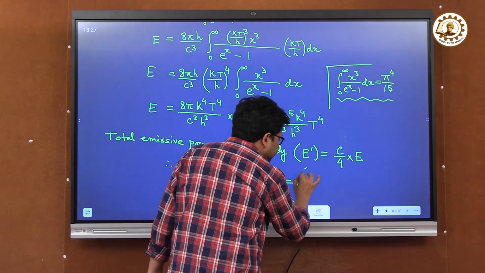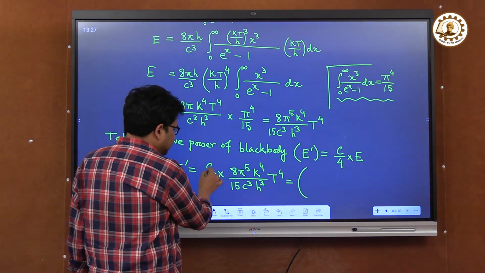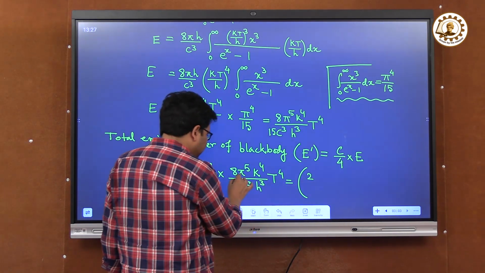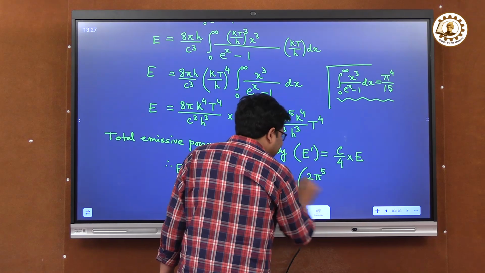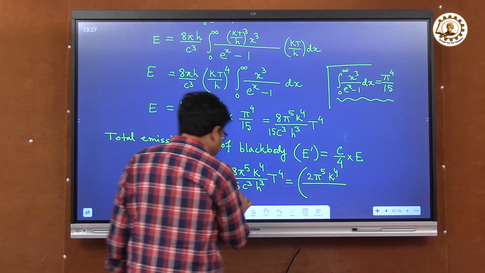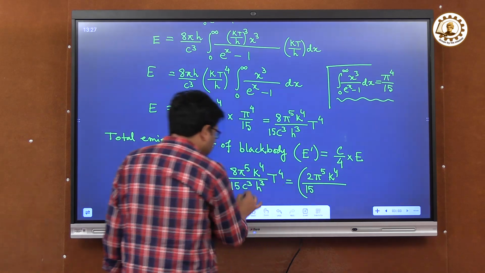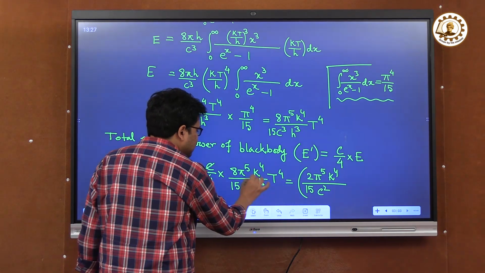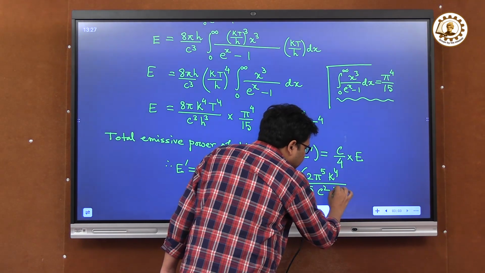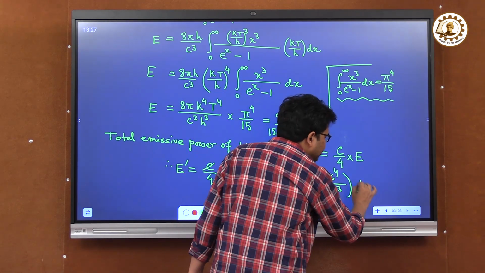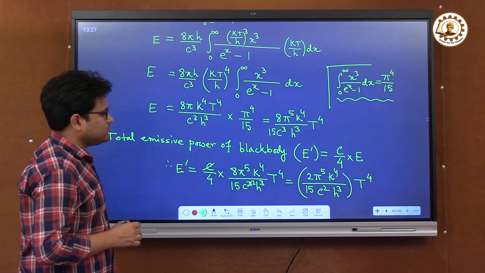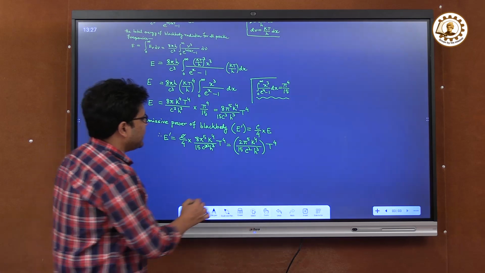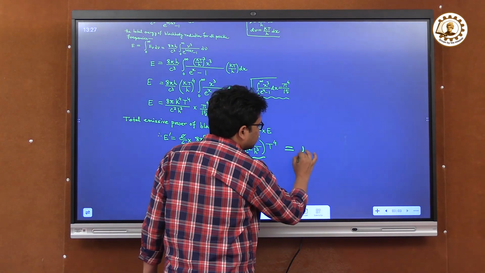That results in this: c cancels out, 4 and 8 cancel out, so it becomes 2 pi to the power 5 k to the power 4 divided by 15 c squared h cube into T to the power 4, because one c cancels out.